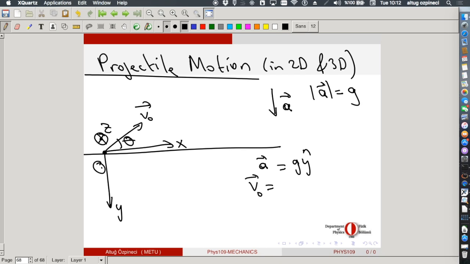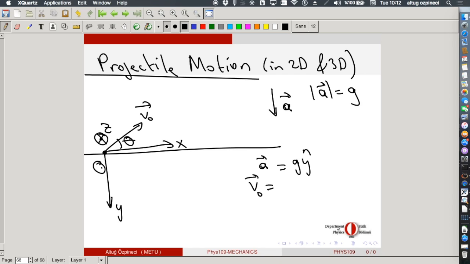Is that clear? So this V0 vector will have a y component because you have already chosen the y-axis, plus the remaining part of V0, which will not have any y component. But then you are free to choose the x and the z direction. A natural choice for one of the remaining two axes would be in the direction of what remains of V0.